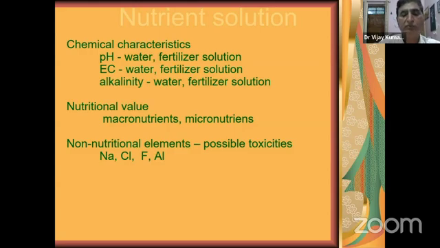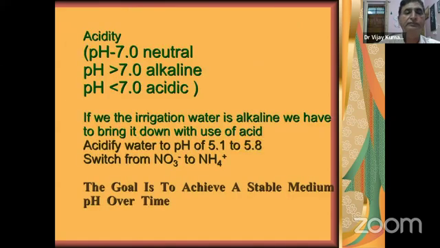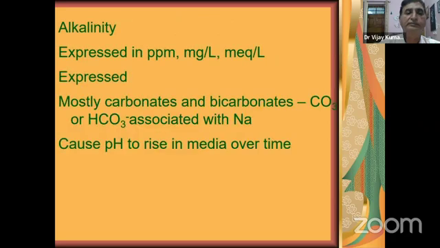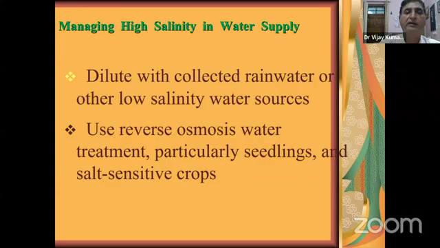We have to take care of these so that the plant may not become toxic and then show retarded growth. So we have to neutralize the acidity, neutralize the salinity, and then go for correcting high alkalinity. Thank you very much.